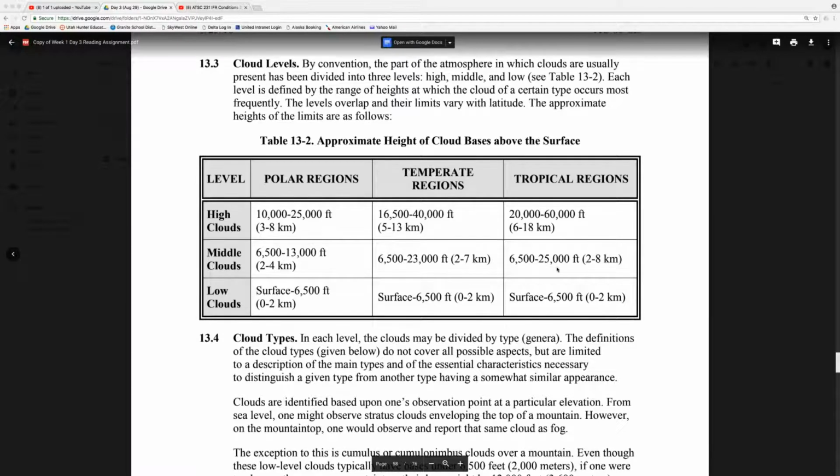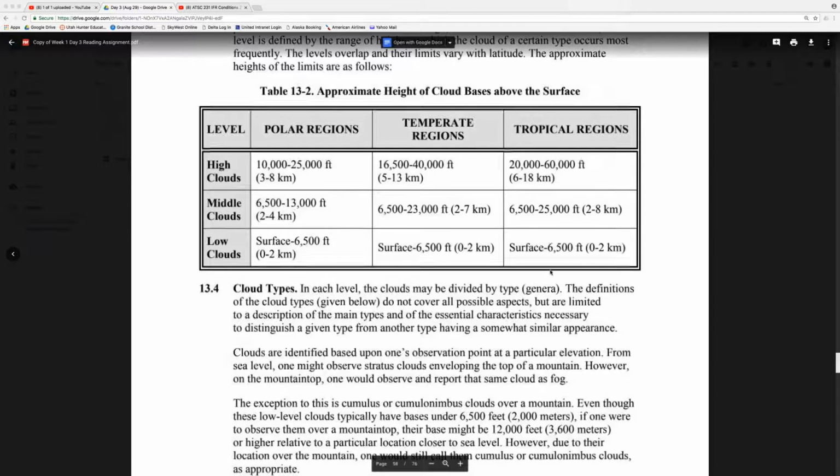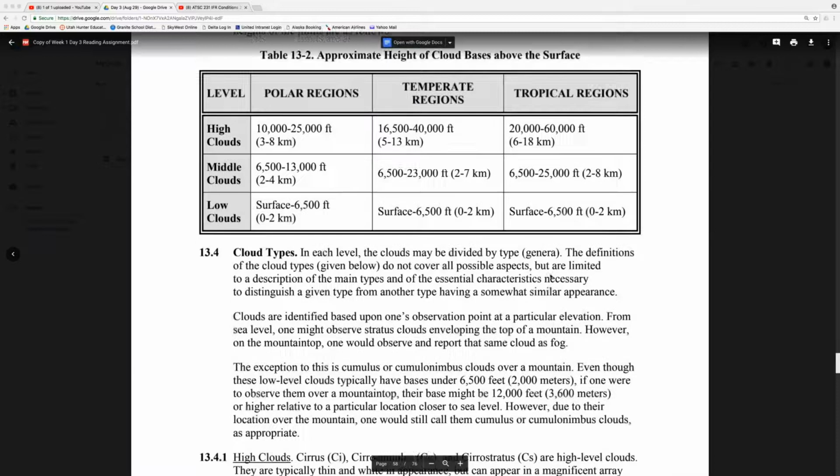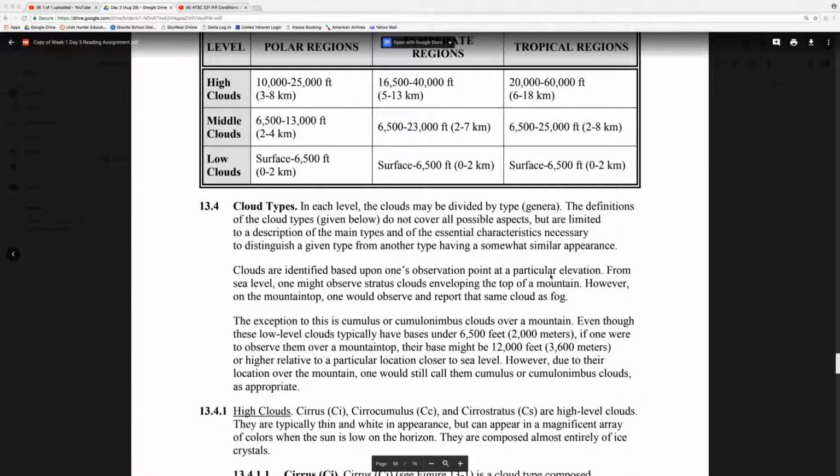Some of the recipes in creating these clouds can make the clouds a lot taller than that. So in each one of these levels, high, middle, and low clouds, we can divide the clouds by type.